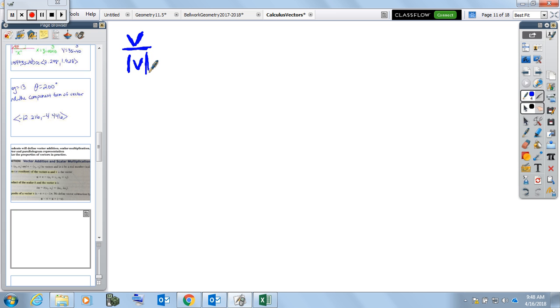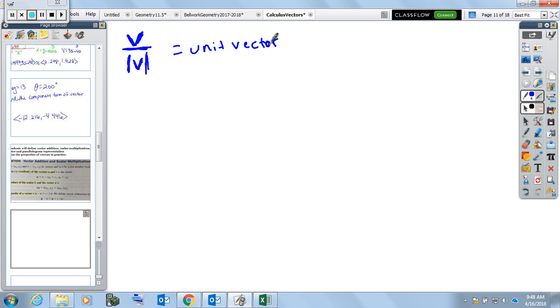This particular vector has a magnitude of 1. And so we call this the unit vector, okay? So this is a magnitude of 1. It's the vector divided by its own magnitude, so it's the unit vector itself.